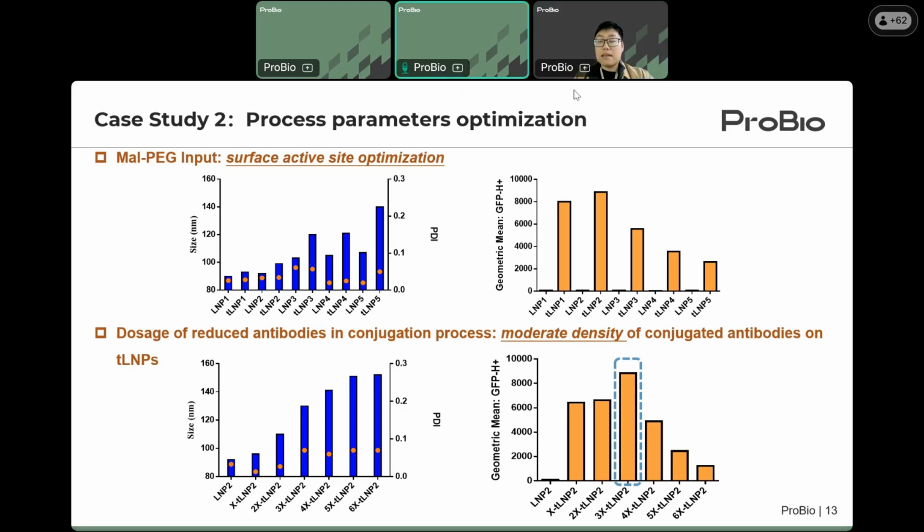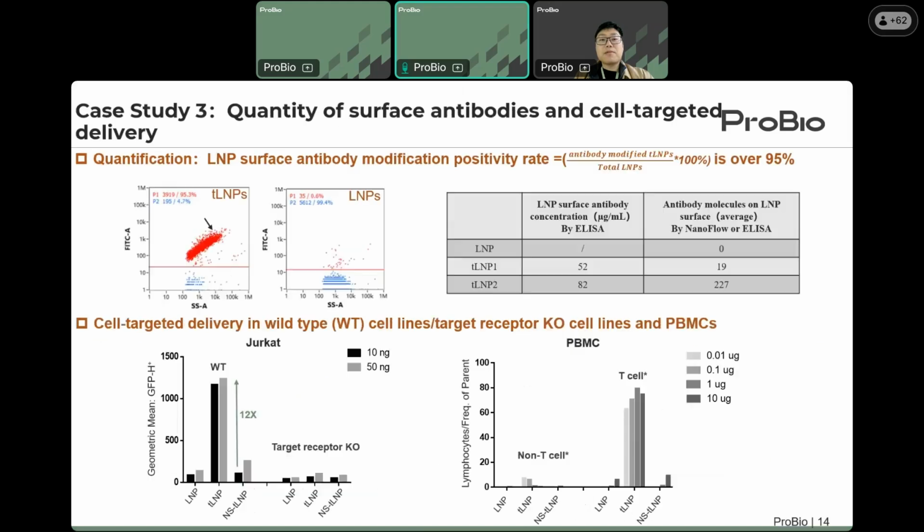Next question: do you use NTA to find the number of total LNP and the tLNP? To quantify the total numbers, I think NTA is a very powerful characterization tool, so you can use it. Here at ProBio, we use Malvern DLS to do the number density characterization.